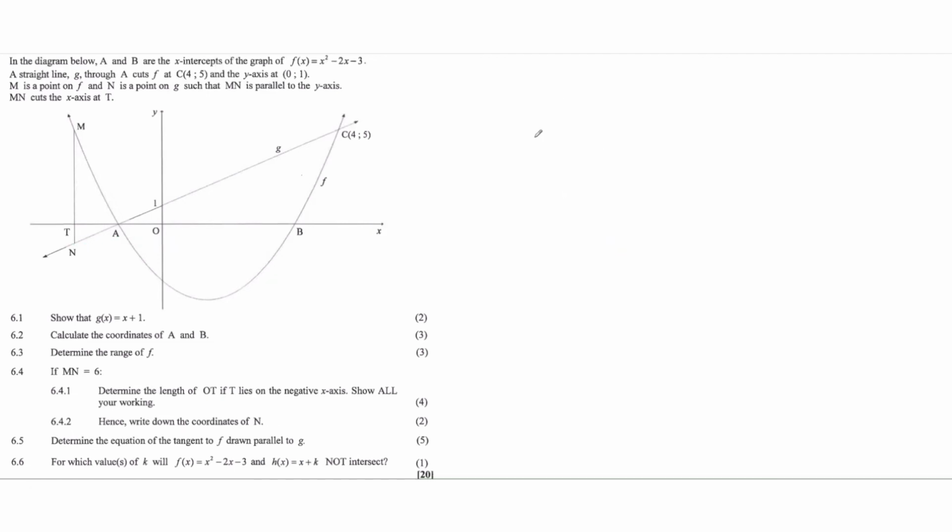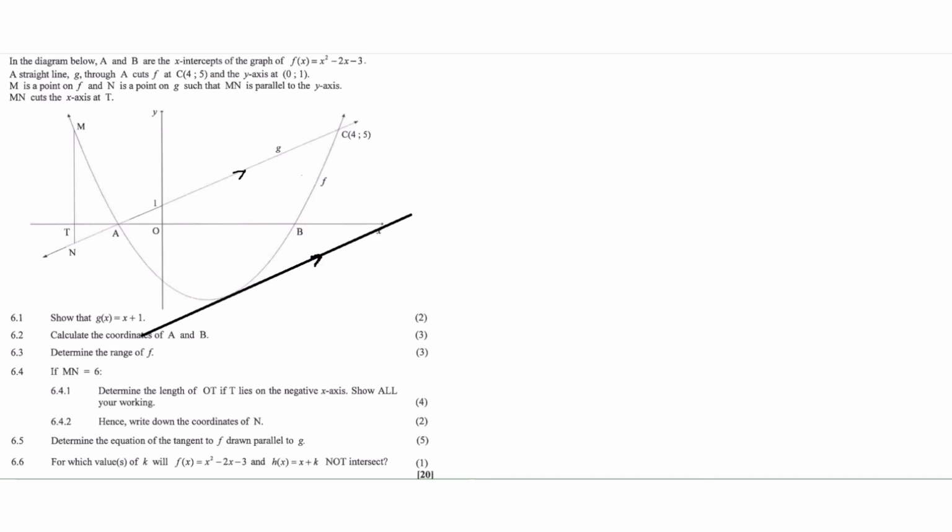For 6.5, we're asked to determine the equation of the tangent of f drawn parallel to g. So that means we're going to have a line that looks something like that, that's going to be parallel to g. Now if two straight lines are parallel, that means they share the same gradient.